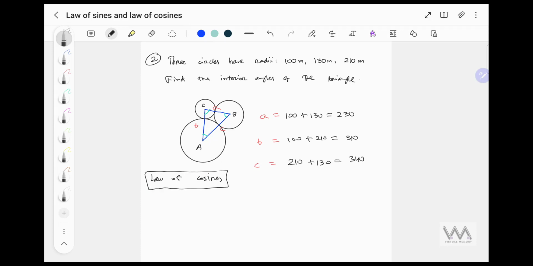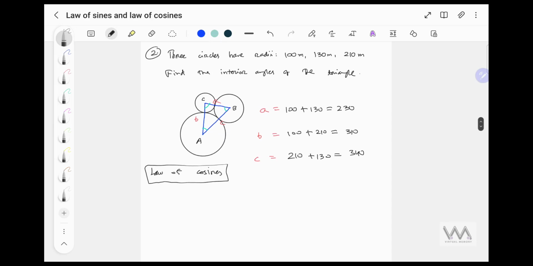If we use the law of cosines to find angle A, it is going to look like a squared equal b squared plus c squared minus 2bc cosine of A. This is for angle A, which is this angle, and A squared is this, and B and C are the other two sides.